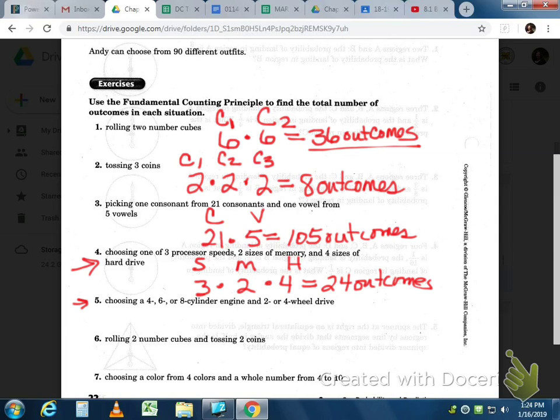So I'm choosing the cylinder and I'm choosing the drive. How many different cylinders do I have to choose from? 3. How many different types of drive? 2. How many different choices of vehicle? 6 outcomes.